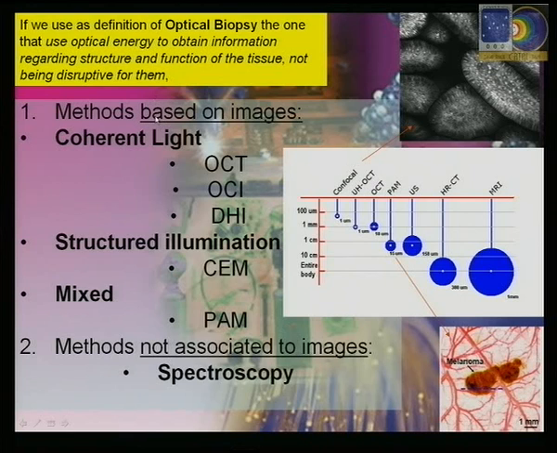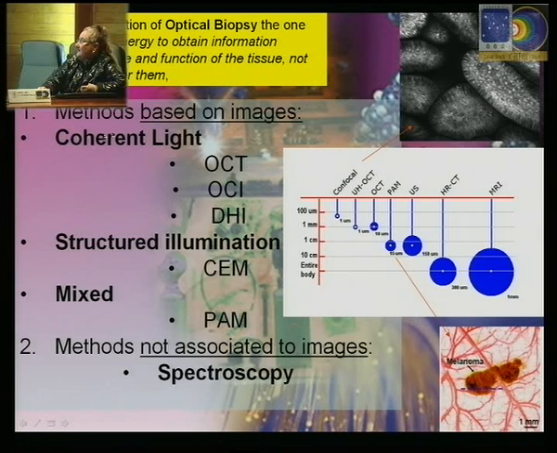Now, how can we divide the systems based on images? We can divide them according to whether they use coherent light or non-coherent light, but obviously some type of well-quality light, because the illumination is structured, or mixed technology.